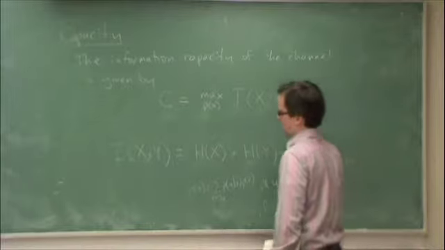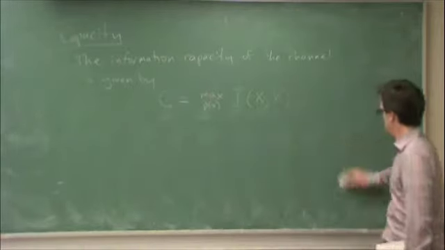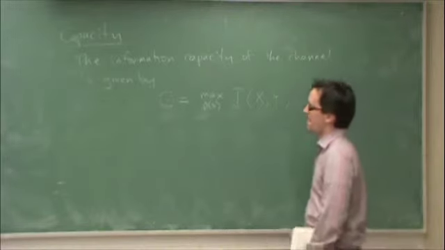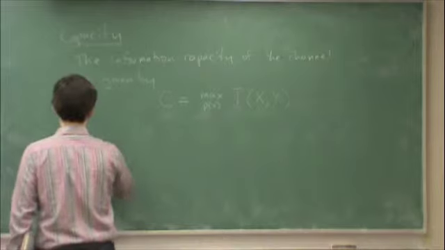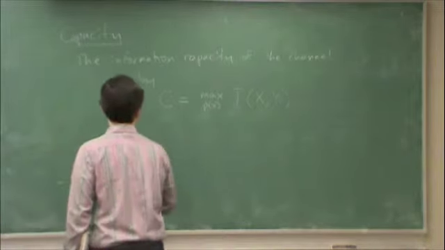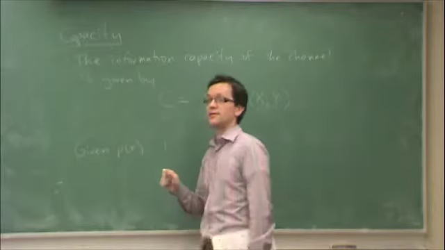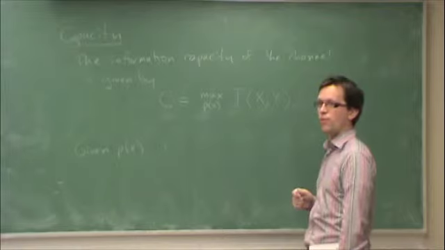So physically, what do these quantities mean? Given P of X, excuse me, do we maximize the I of X and Y, whichever P of X maximizes that?